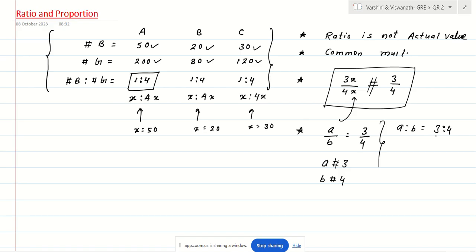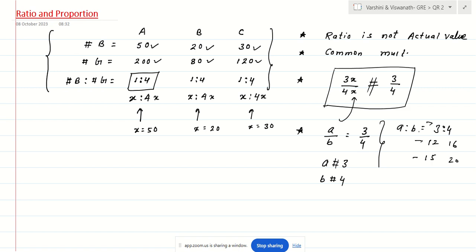It could be 12 and 16, it could be 15 and 20, isn't it? So the ratio can come from different values. I cannot assign 3 to A and 4 to B, which means, very simply, ratio is not the actual value. So these are the points you should keep in mind.